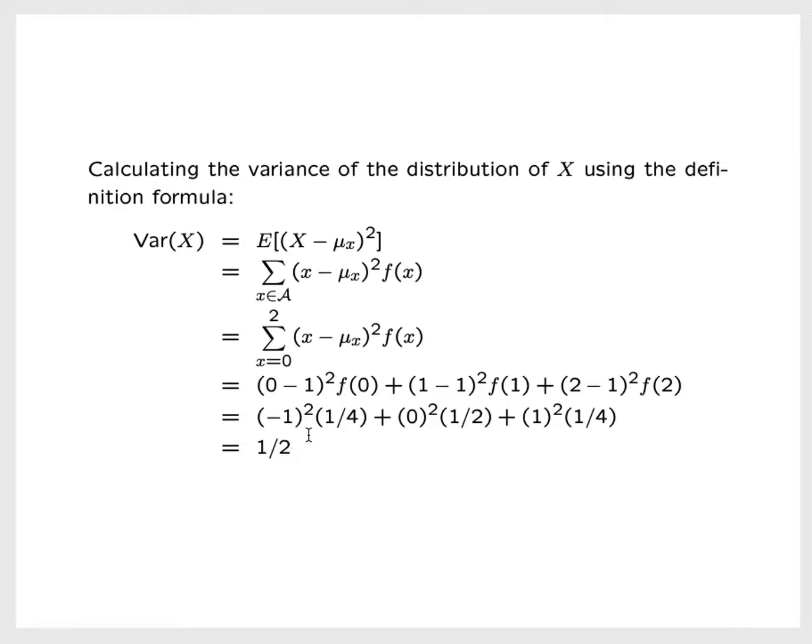So we have minus 1 squared times 1/4 plus 0 squared times 1/2. So that term is going to vanish. Plus 1 squared times 1/4. So obviously we have 1/4 plus 1/4, which is 1/2. So the variance of this distribution, the variance of x, is 1/2. The standard deviation of x would be the square root of 1/2.